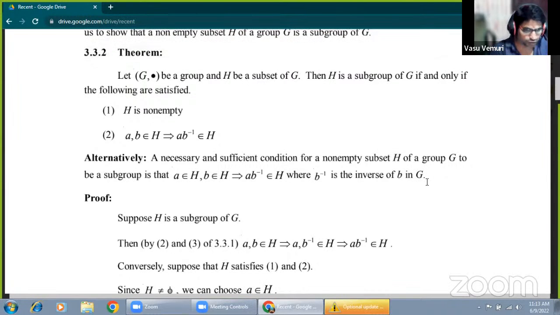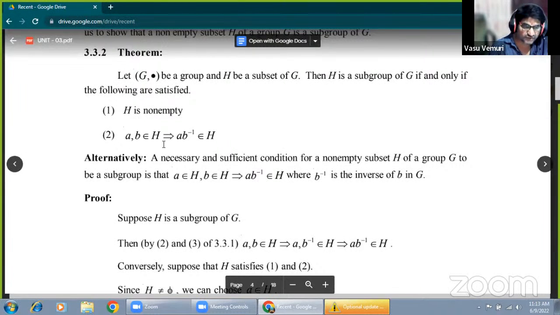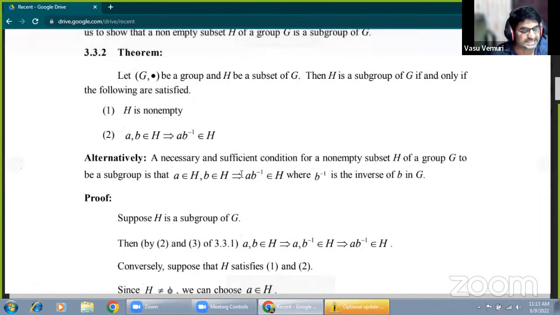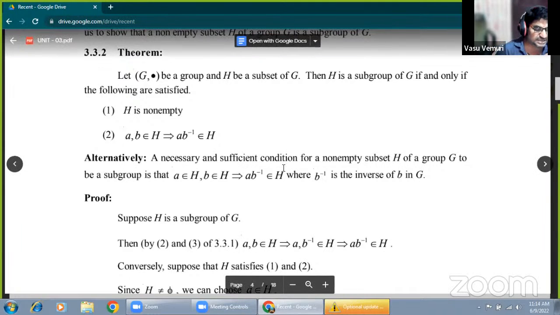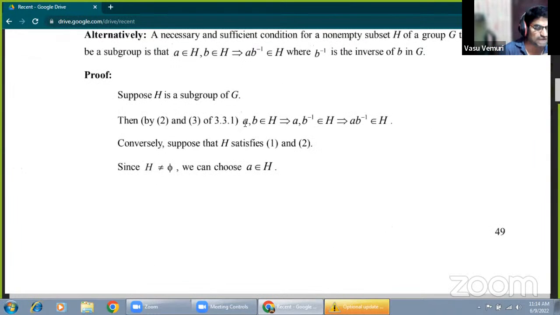Either prove this one, or prove that a necessary and sufficient condition for a non-empty subset H of a group G to be a subgroup is that A belongs to H, B belongs to H implies A B inverse belongs to H. This is another way of stating it.